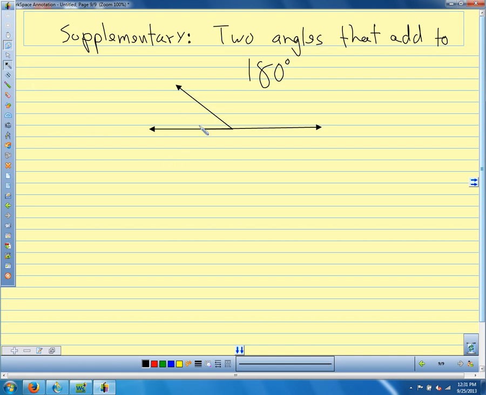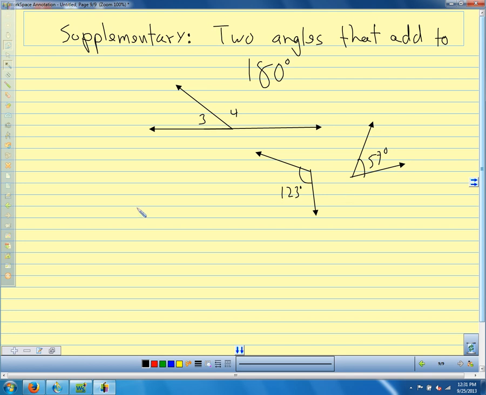So two supplementary angles. Angle 3 and angle 4 are supplementary. They add to 180. They don't necessarily have to be next to each other. I could have them situated like this. And if this one was 57 degrees, and this one is 123 degrees, those two angles would be supplementary because when we add them up, we get 180 degrees.